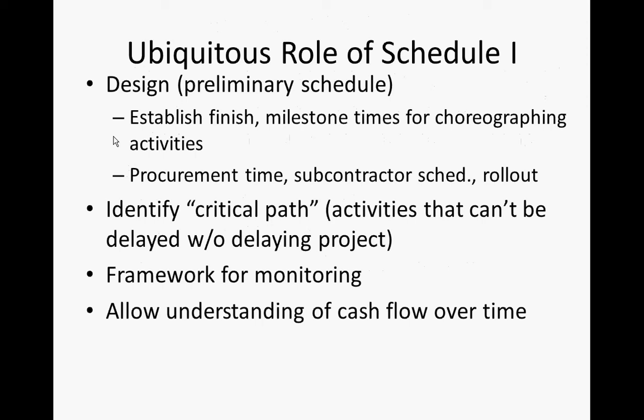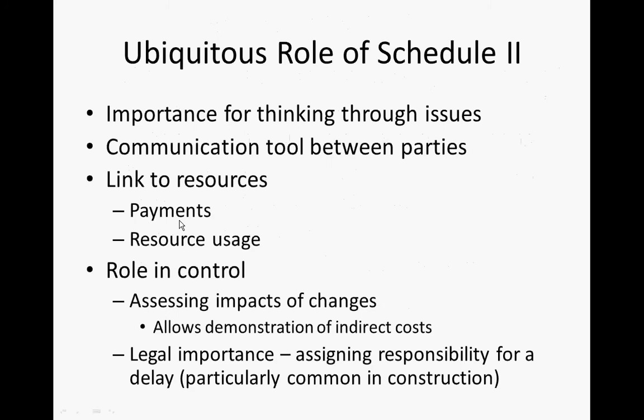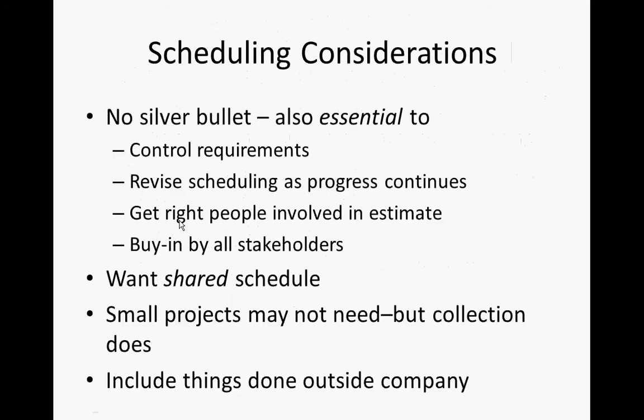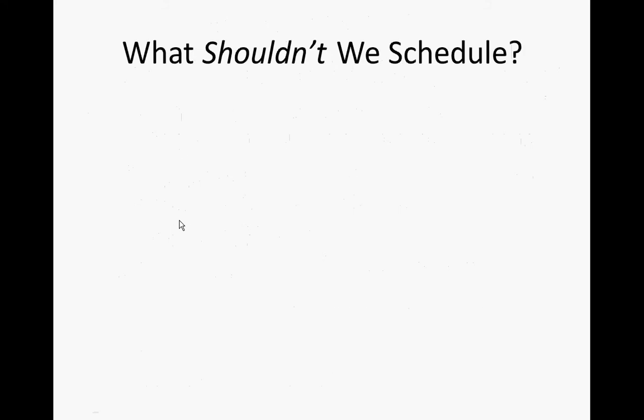They matter because they could stick up and bite us in other domains that we haven't captured with the schedule. So what we'll be talking about today is not a silver bullet for scheduling, but it can help a lot, and particularly this whole issue of identifying the critical path. Okay, I think I'm going to leave that.